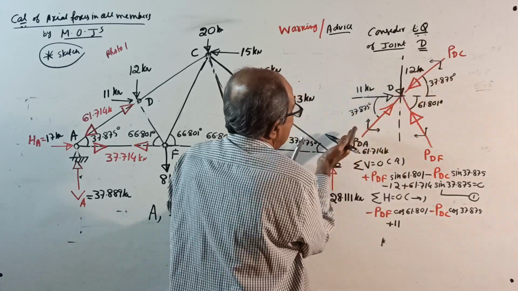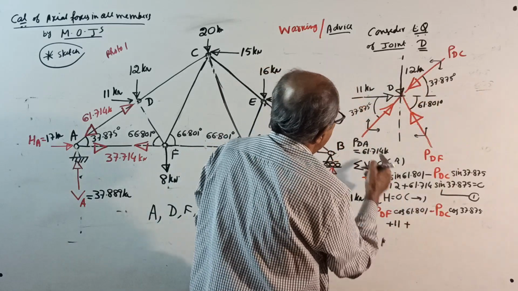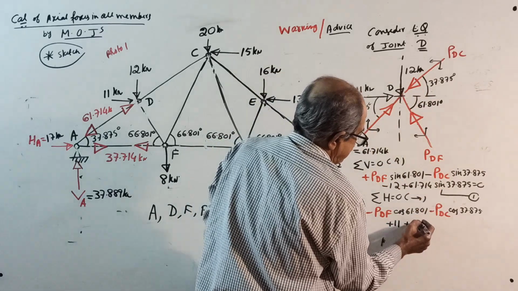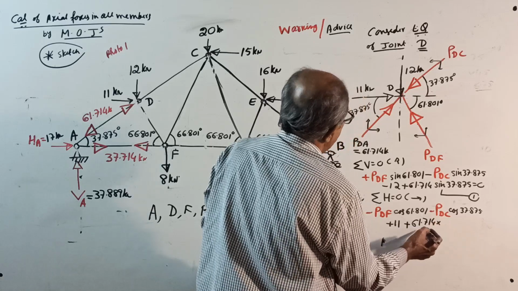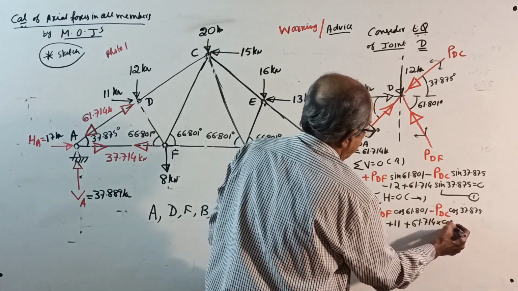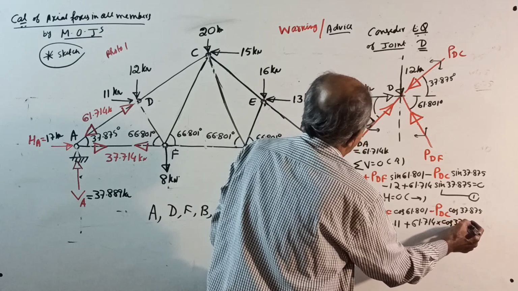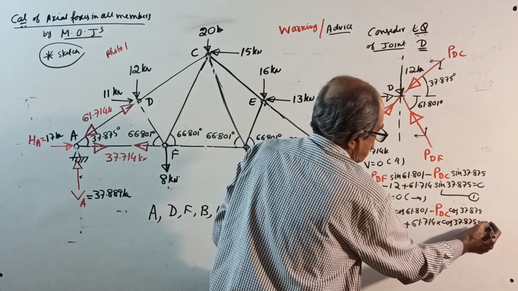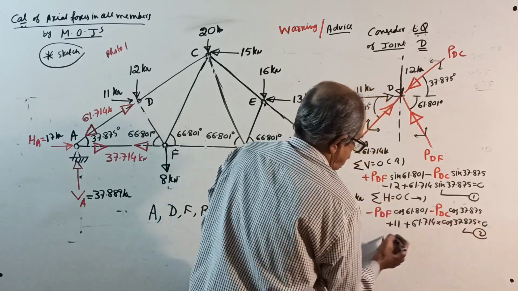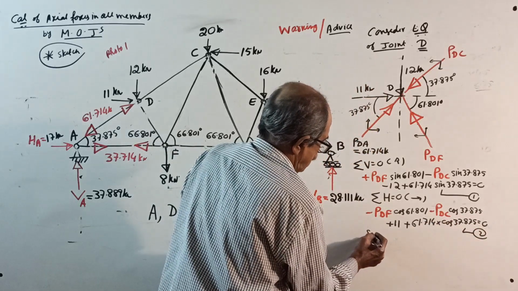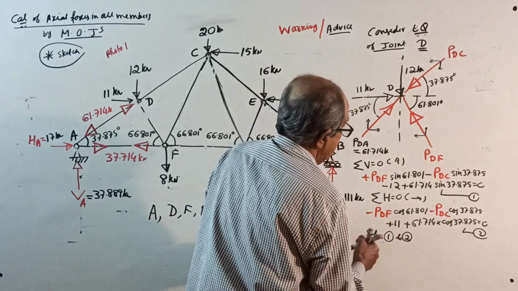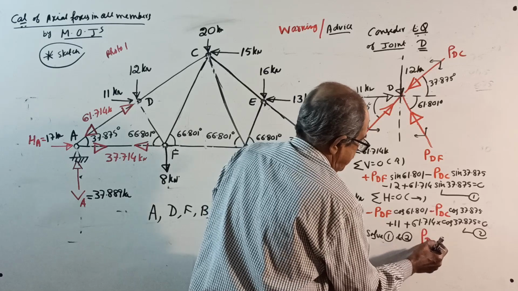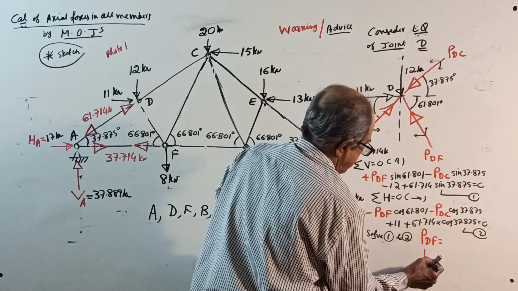This is not there. Plus 61.714 into cos of 37.875 equal to 0. Equation number 2. I am telling slowly. Now what you do? Solve 1 and 2. You will get the value of PDF and PDC.